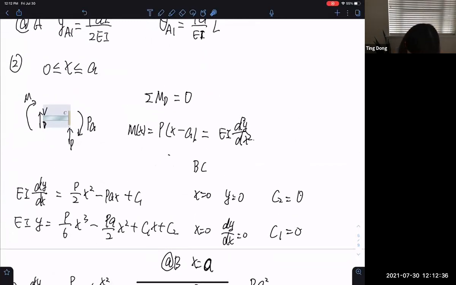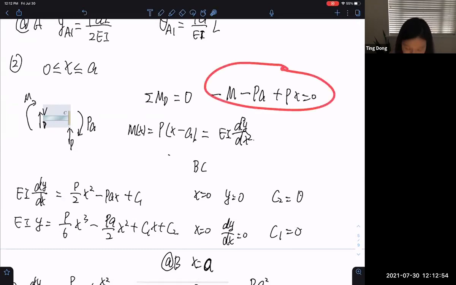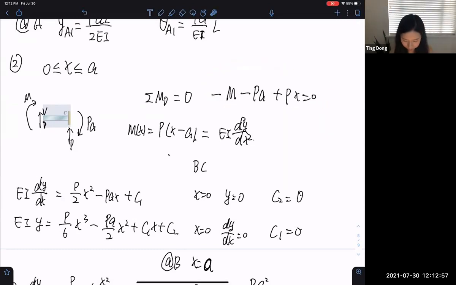So bending moment clockwise, we put negative, minus PA clockwise, plus Px equal to 0. So from this moment equilibrium equation, we get Px minus A. No, it's P x minus A.